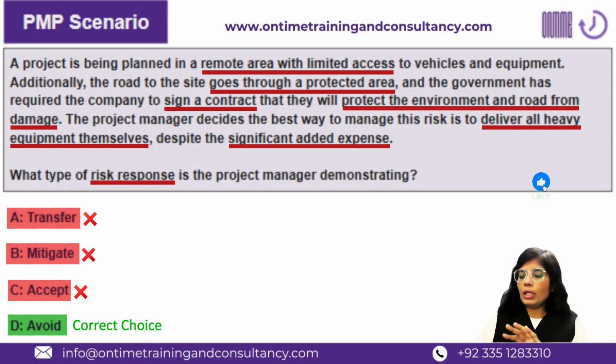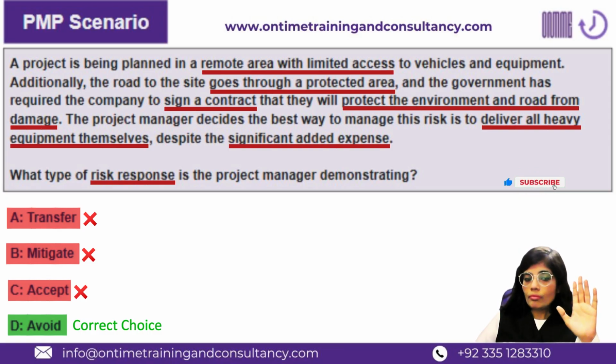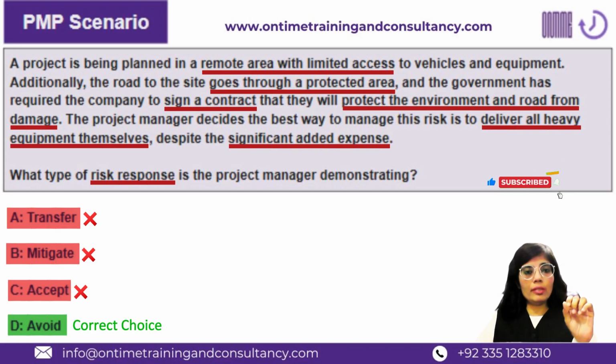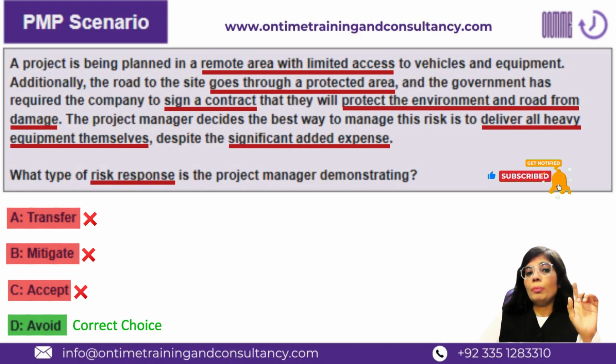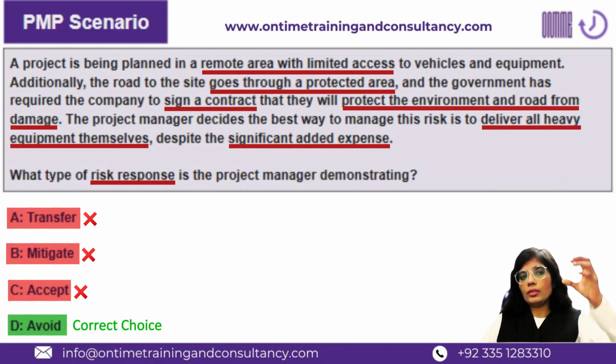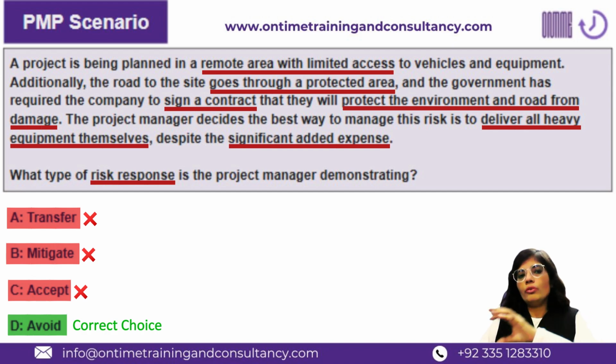Accept is any type of accept, be it active acceptance or passive acceptance. Passive acceptance is definitely not the case. But active acceptance is also not the case, because active acceptance says that you keep some budget, reserves, resources, in case the unknown risk converts into an issue. Are you doing anything like that?